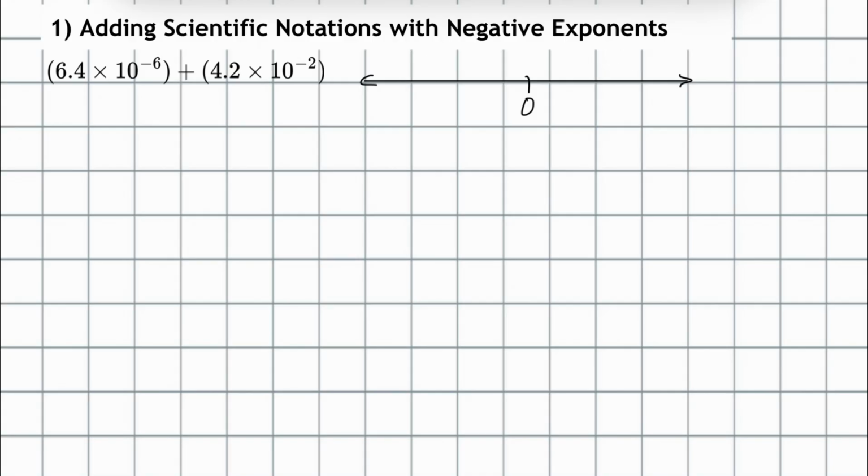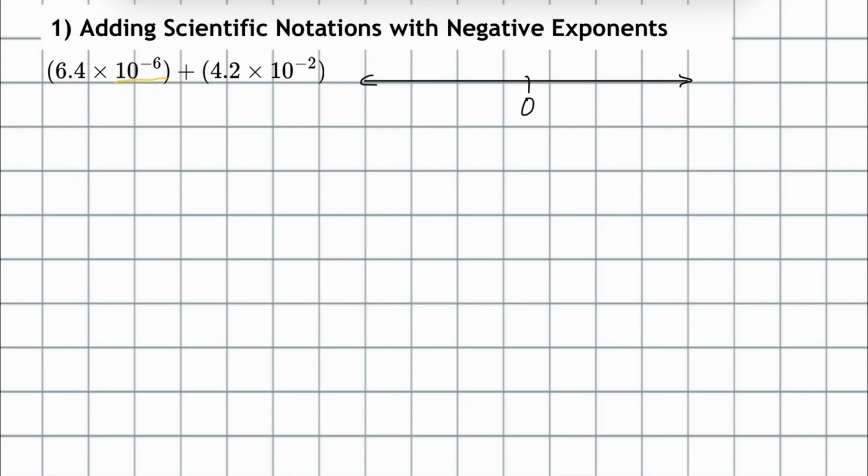The more the values move toward the zero, the more positive it is. So in reality, we need to make these negative exponents as positive as possible. The way that we can do that is by making these exponents equivalent. Therefore, we can add these two coefficients. And I'm going to show you the way.